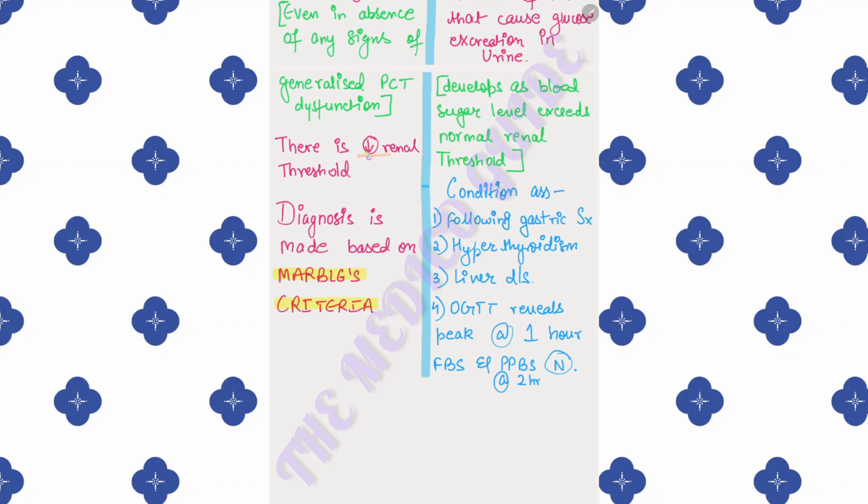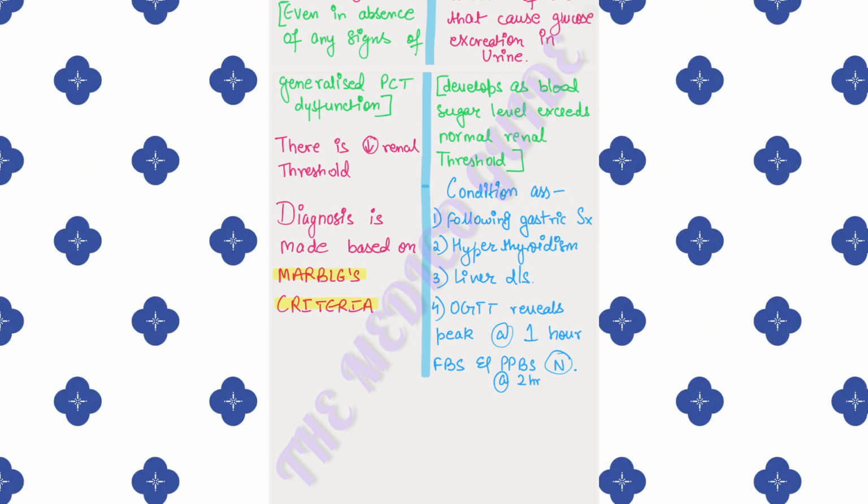In renal glycosuria, the renal threshold is decreased, due to which even normal plasma glucose levels fall in the excess category, and hence there is excretion of glucose in the urine. Now the diagnosis of renal glycosuria is made based on the MBBS criteria. Now what is the MBBS criteria? We'll be discussing it.